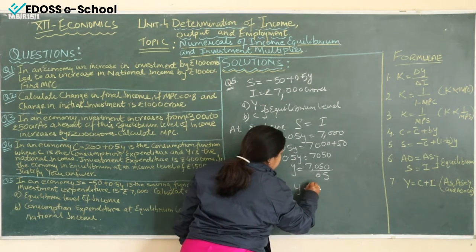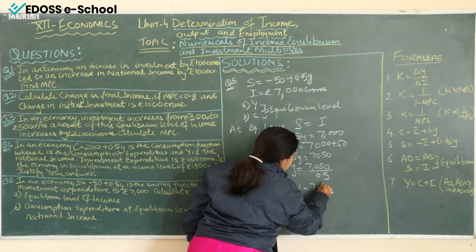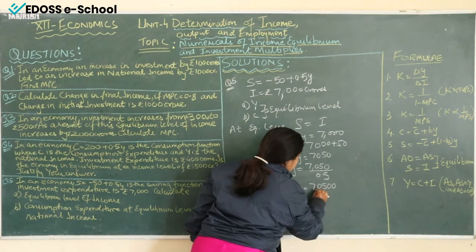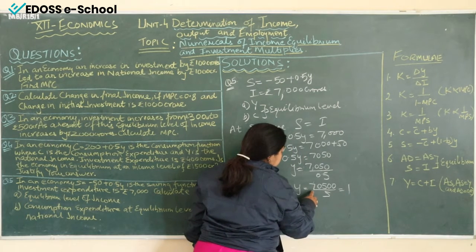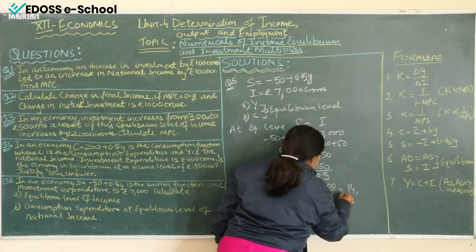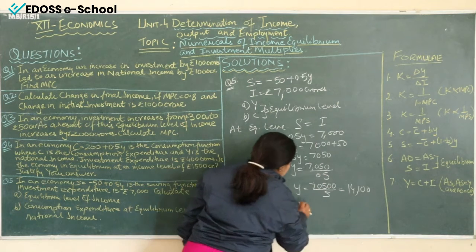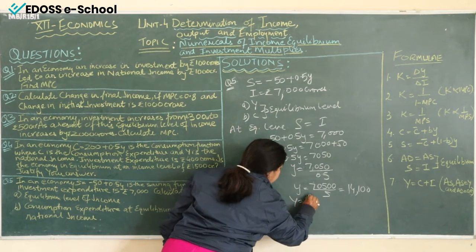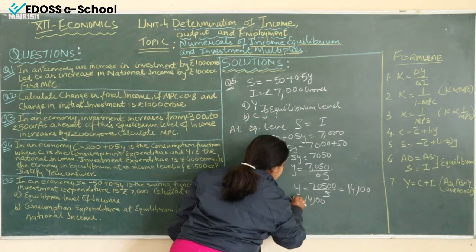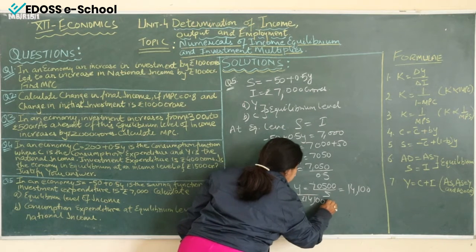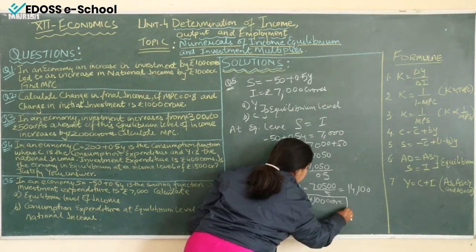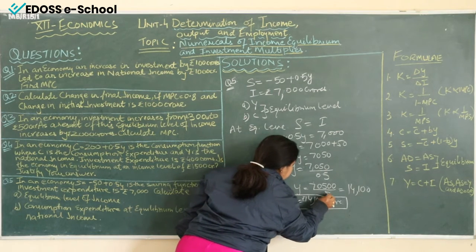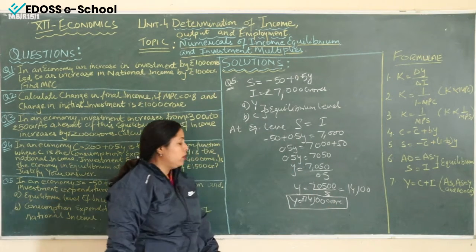So y is equal to 70500 upon 5, and the value will be 5 ones are 5, 5 fours are 20, 5 ones are 500. So the answer of y will be 14,100 rupees crore. So this is how we calculate y when the saving function is given to us.